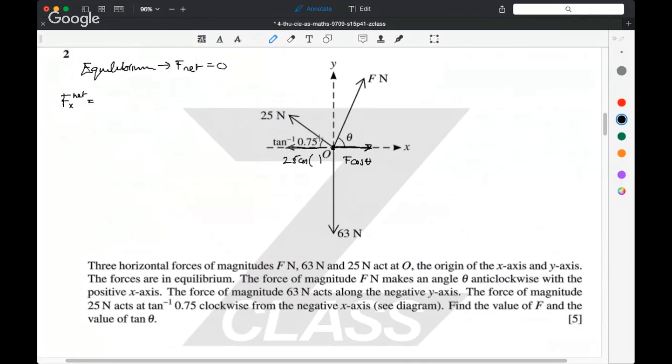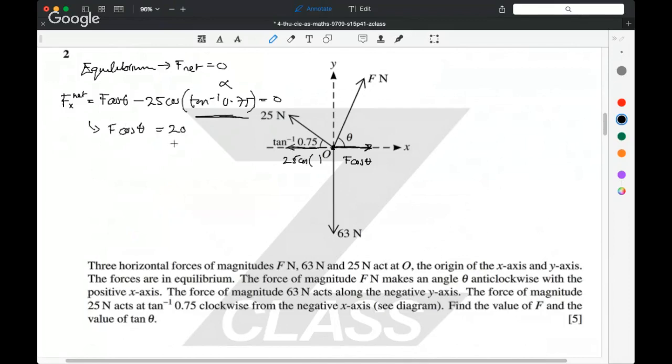So that x force, let's say in the positive x direction, is F cosine theta minus 25 cosine of the inverse tangent of 0.75, because that is just the angle of that force. It's called alpha. So this is one equation, and we know this thing is equal to 0. So if we solve this, we get that the F cosine theta must be equal to 20.